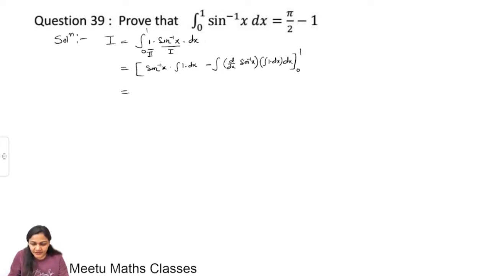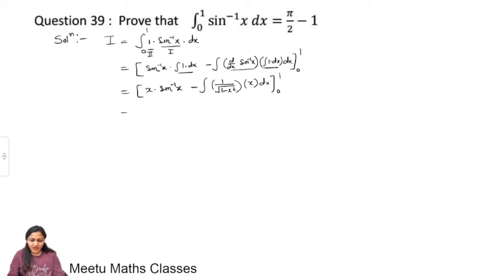So the integral of 1 is x only, so it will give you x into sine inverse x minus the derivative of sine inverse x, which is 1 upon square root 1 minus x square, and the integral of 1 is x. Now this will give you x into sine inverse x, and your function is x upon square root 1 minus x square dx.